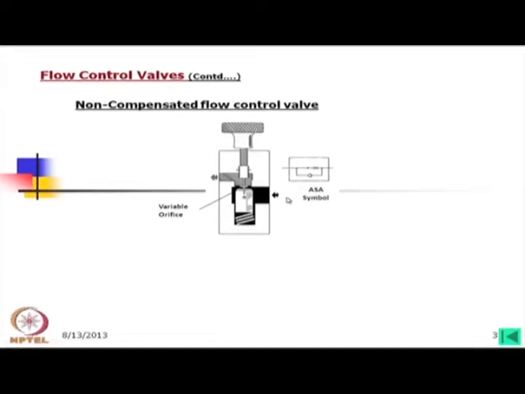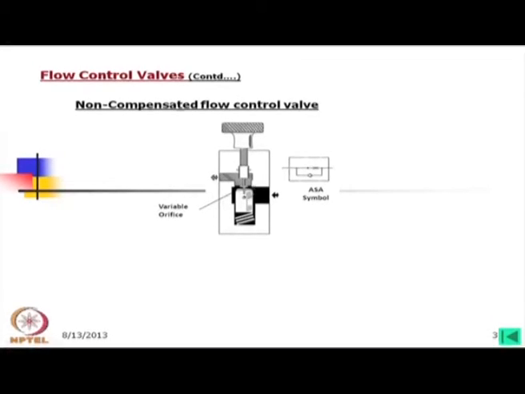Let us consider flow from right side to left side. This black means it is pressurized. So, oil is coming through this and then it is passing through this orifice and going to the left side.